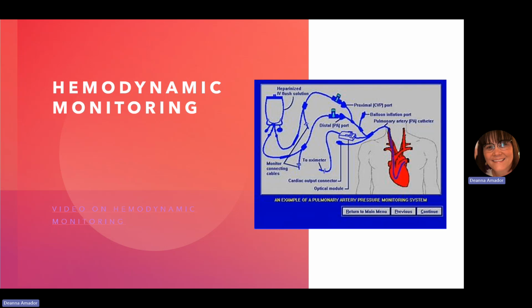So you guys have already talked about hemodynamic monitoring in semester 7. I know for a fact we talked about it in pharm, so we're going to go over it some more, a little more in depth this semester.